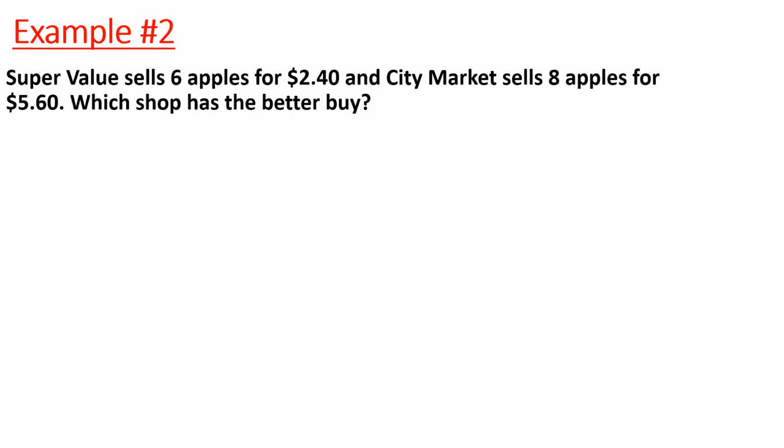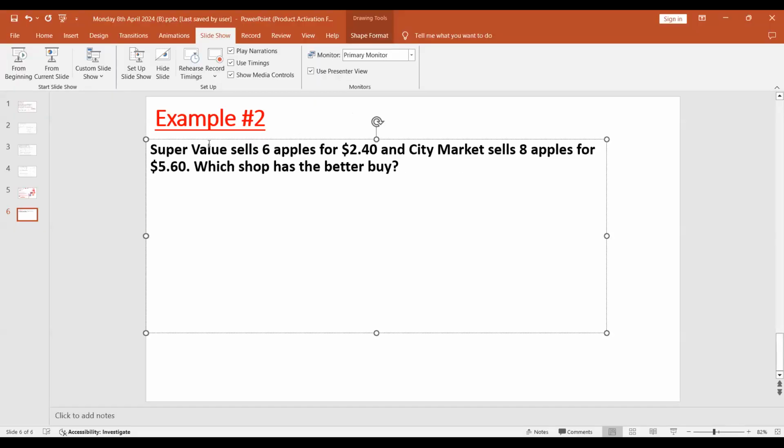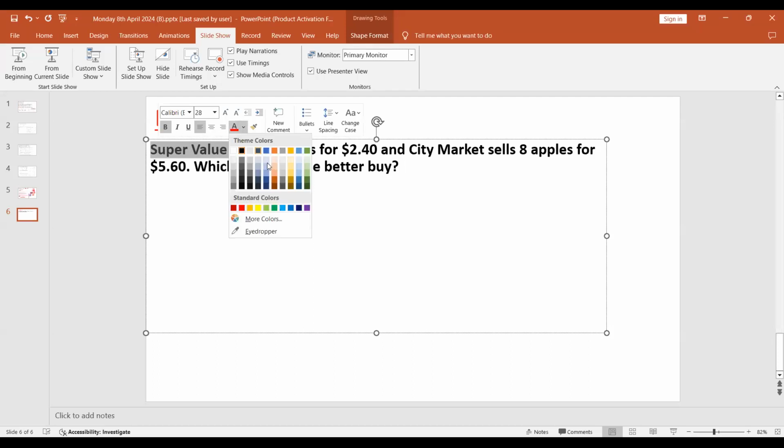Yes, sir. How are we going to determine the better buy for this one? Do you all know, or want me to explain it first? Would it be Super Value that has the better buy? Why would you say Super Value?